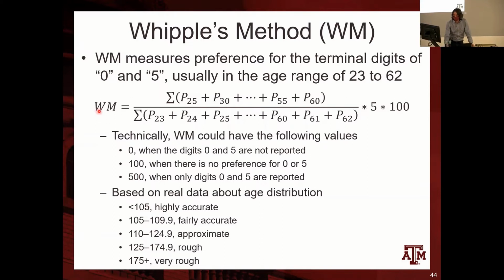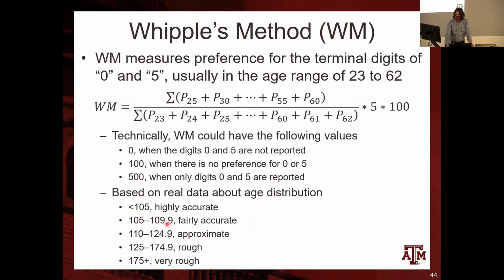If we get a result from this formula that's less than 105, that's highly accurate. It doesn't have to be much closer to 0, because closer to 0 would actually be people not reporting 0 and 5. And it doesn't have to be really close to 100. Any number calculated below 150 is already good.